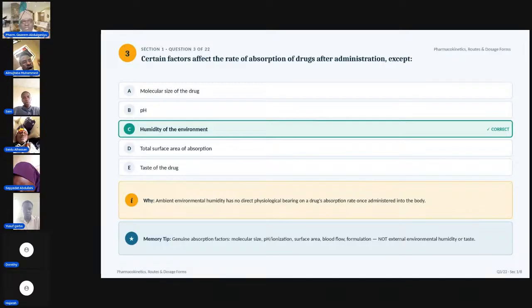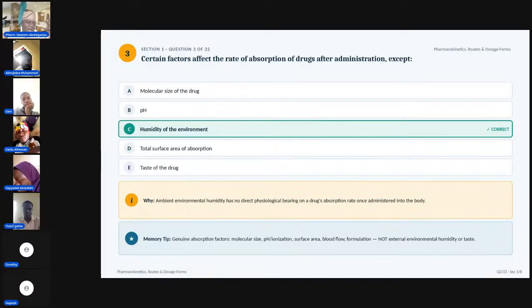I remember mentioning in class how a particular pH could help absorption of particular kinds of drugs, and it's simple to say that a drug that is higher in pH compared to the other one has some kind of interaction. So that happens. Then the next one is humidity of the environment.